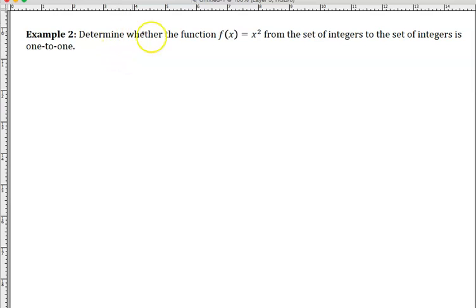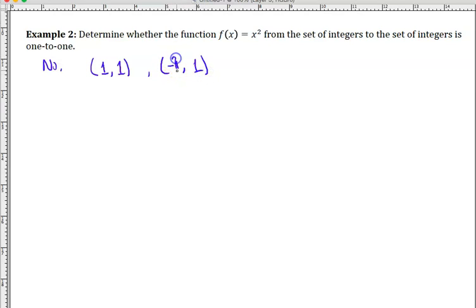Example 2: let's look at the function f of x equals x squared from the set of integers to the set of integers. This is not a one-to-one function. For example, if I plug in 1, 1 squared is equal to 1, but if I plug in -1, this also gives me 1.